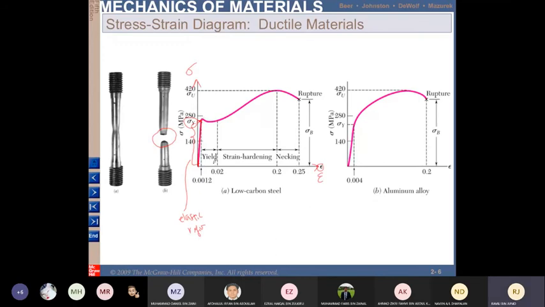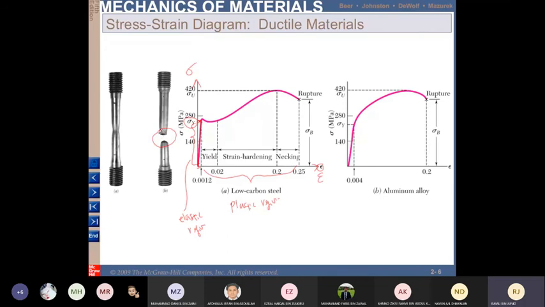This is the plastic region. Okay, in the elastic region from here to here, when you release load, the specimen will return to its original dimension. But passing the yield point, once you release the load, the specimen will not return to its original dimension because the deformation is permanent.